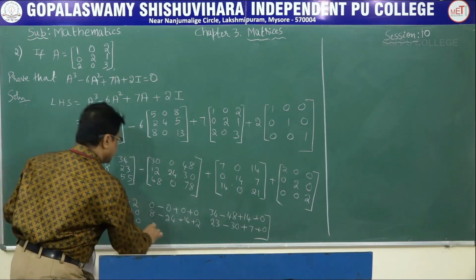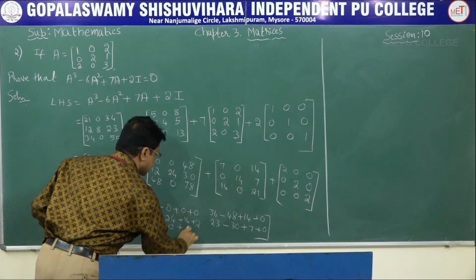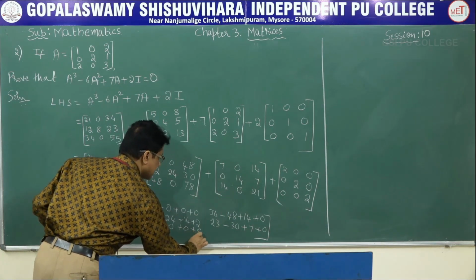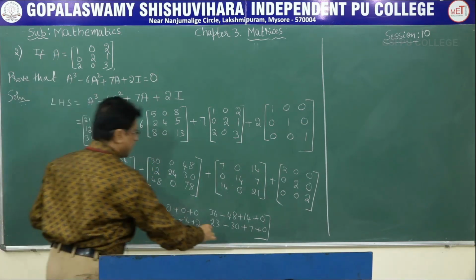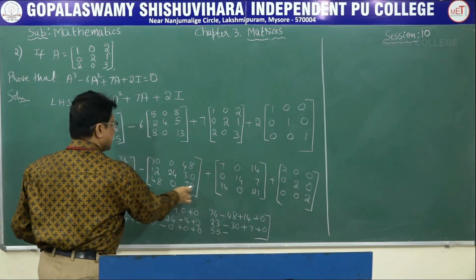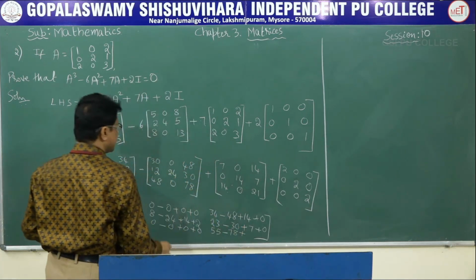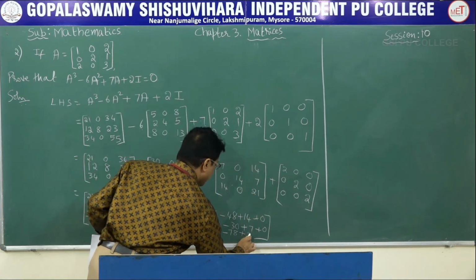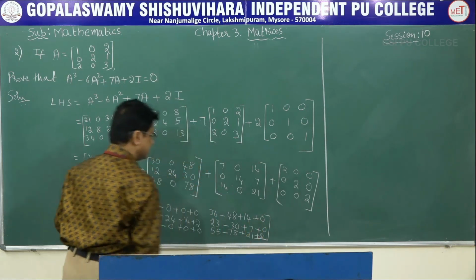And the next element is 0 minus 0 plus 0 plus 0. And the next element is 55 minus 78 plus 21 plus 2.